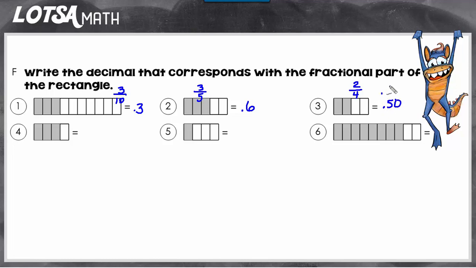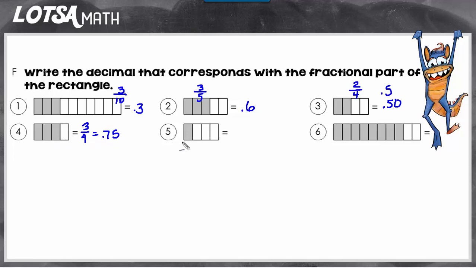Or you could say 5/10. 5/10 and 50/100 are equivalent. So let's look at number 4. Again, we have 4 pieces, but this time 3 are shaded. So 3/4 equals 25/100, 50/100, 75/100. So the decimal equivalent to this rectangle is 75/100.